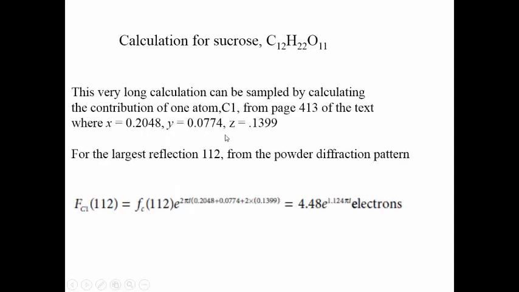What we're going to do is sample the contribution of one atom, and I took C1. You can take any atom from your particular molecule, and it could be the carbon, or the hydrogen, or the oxygen in this case.